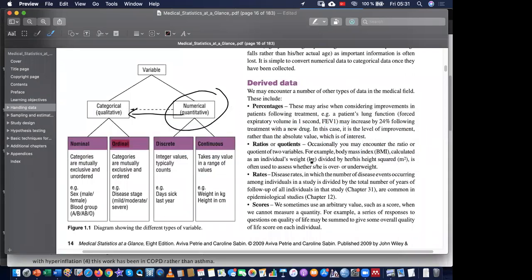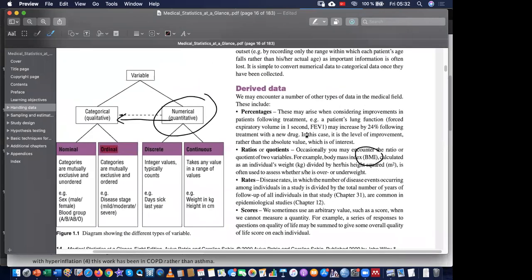Ratio is two numbers divided by each other. The classical example for ratio is the BMI. I already mentioned the BMI in my previous presentation. As you remember, what was the formula? Body mass index.